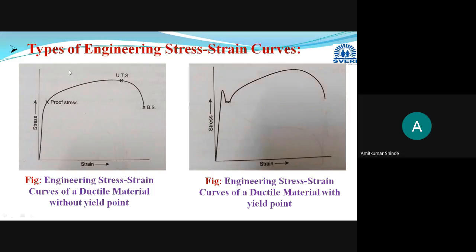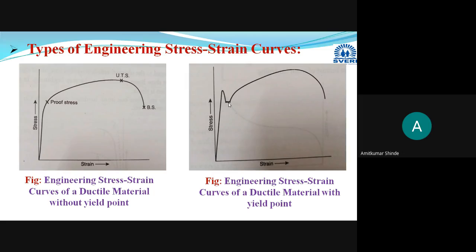Okay, these terms you have to explain. You have to draw this diagram, and these terms you have to explain. Then in the ductile material, all these points will be there. First, proportional stress will be there. Then here is the yield point, first the upper yield point, and this is the lower yield point. What is the meaning of the yield point?